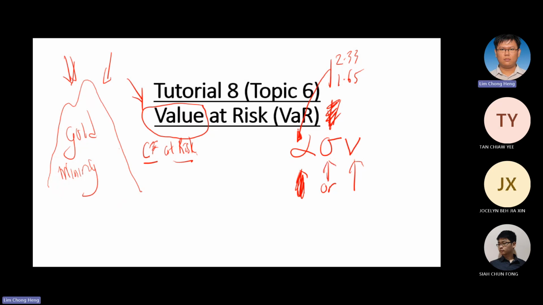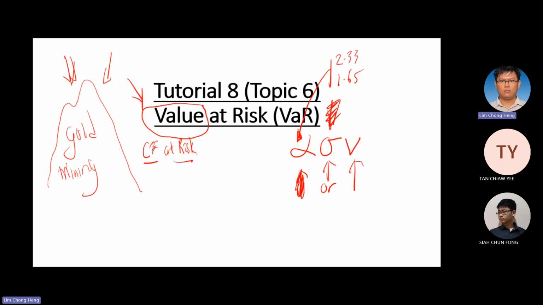Sigma and the value are the question that will test you all. Sigma is the standard deviation or volatility. So this kind of question is to test whether you make a fat finger or any mistake in your calculation. So I will show you one question, and then question 2 you need to try yourself. I want to let you know how you make your mistakes.